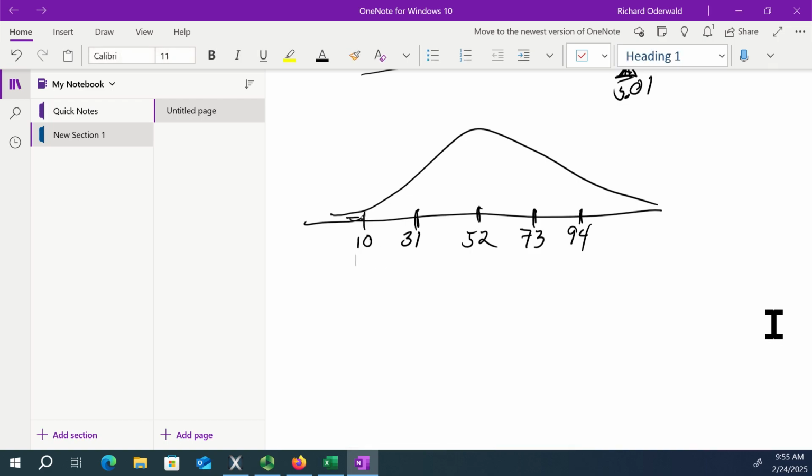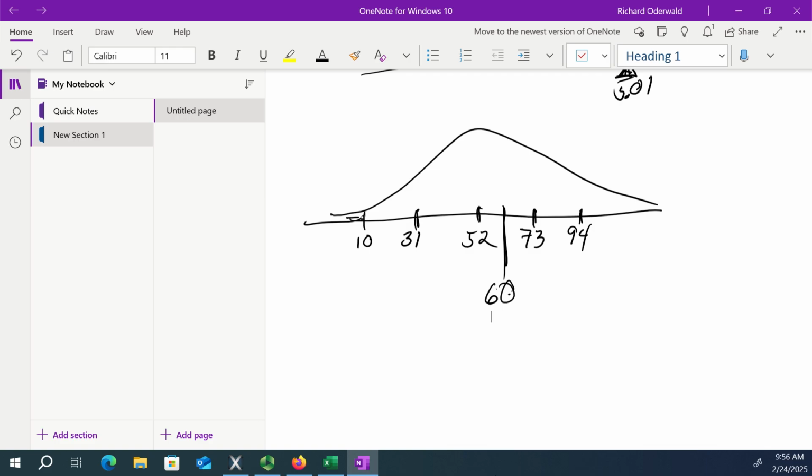This picture is not to scale. What percentage wait more than 60 minutes? Approximately, using the empirical rule, what percentage wait more than 60 minutes? Here's 60, about. What do I know about the area just given the mean and the standard deviation? 68% in here.